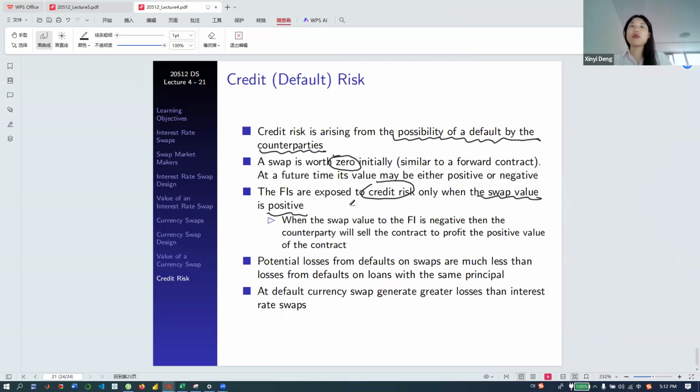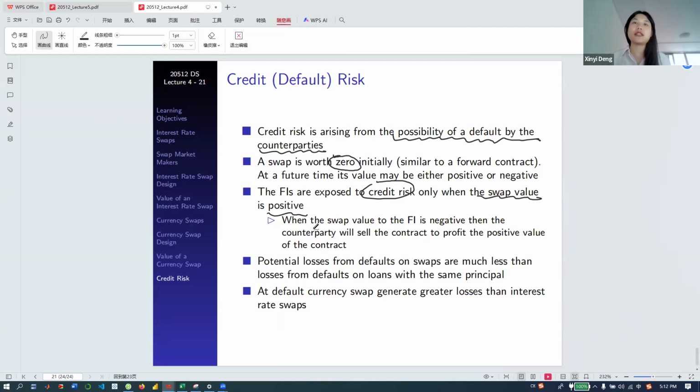So if your contract is having a negative value, meaning that you have to pay the other party, this means that you don't have to worry about the other party defaulting on the payment to you, because you don't receive any payment. You're the one who is paying all the payment. So that's why we have this bullet point here.